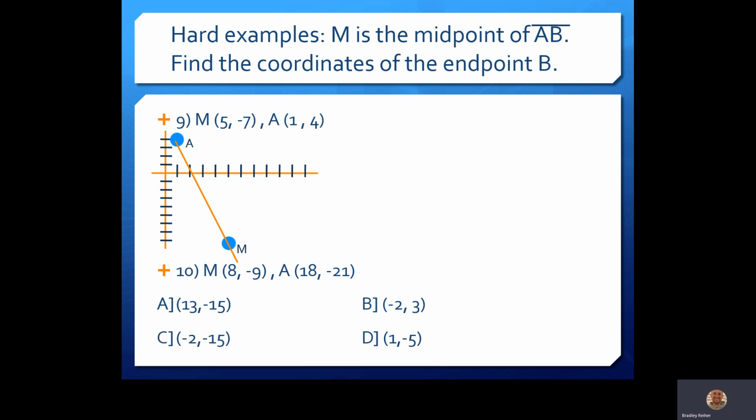Do the same thing for the y values. Go to the midpoint. The y value is -7. Multiply it by 2. So you get -14. Then subtract the y value of the endpoint that you know. -14 minus 4.